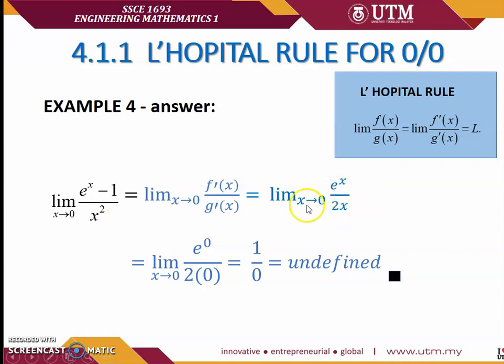Now we substitute the limit 0. e to the 0 is 1, and 2 multiplied by 0 is 0. So 1 over 0 is undefined. We don't have to use L'Hopital's rule again, since L'Hopital's rule only caters to the problem of 0 over 0. So 1 over 0 is undefined.